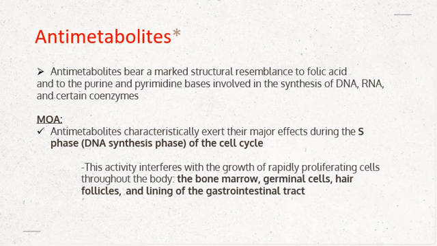So, S phase, S stands now for your synthesis of your DNA. So, this activity will now interfere with the growth of your rapidly proliferating cells throughout the body. So, magkakaroon din siya ng effect sa bone marrow, germinal cells, hair follicles, and lining of your gastrointestinal tract. Since yung parts na ito will have rapidly proliferating cells.